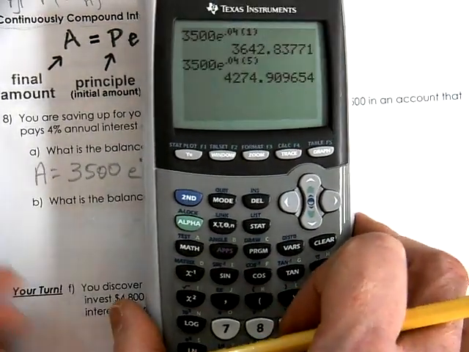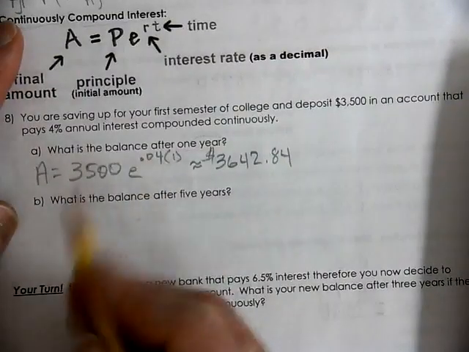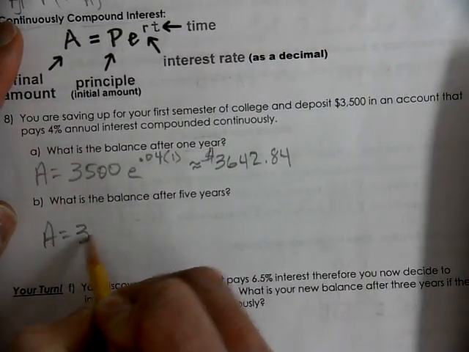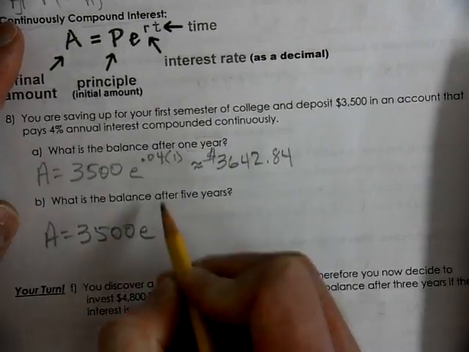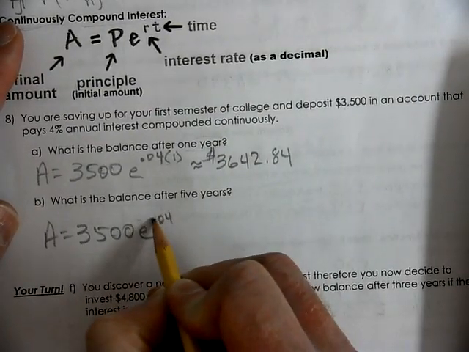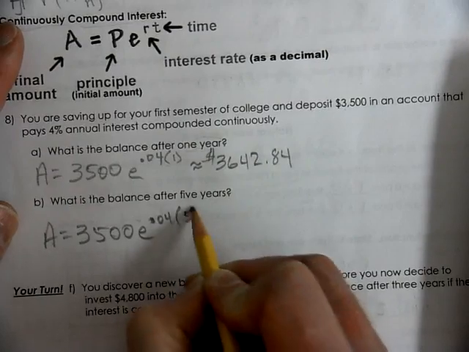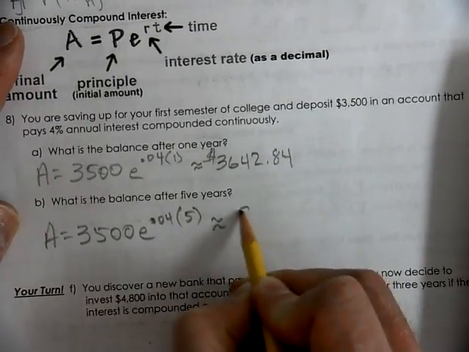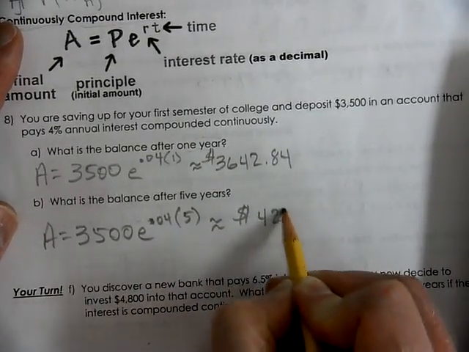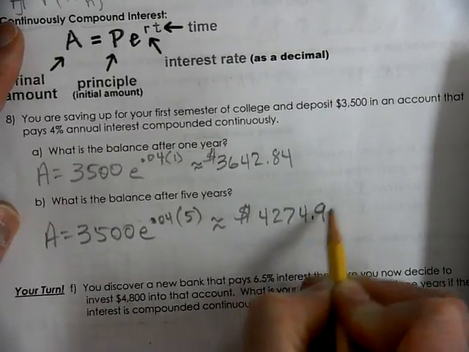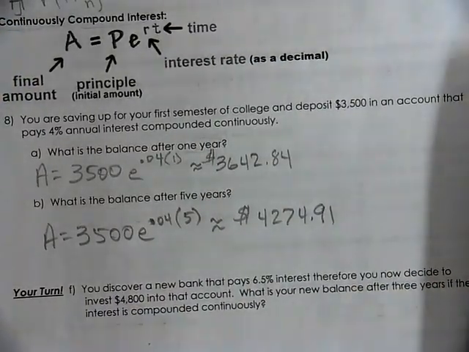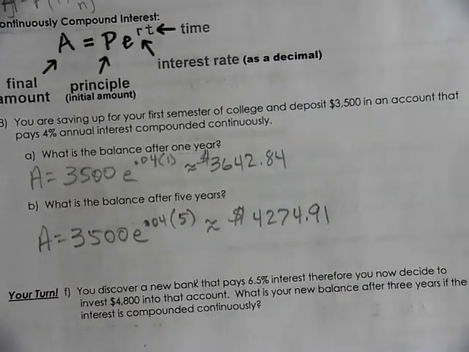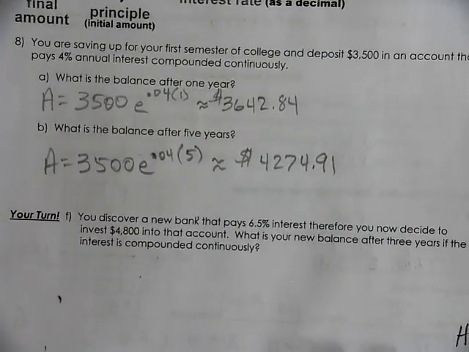That might speed things up for you. 3,500 e to the 0.04 times 5 is approximately 4,274 and 91 cents. Okay, see if you can get your calculator to give you these values.